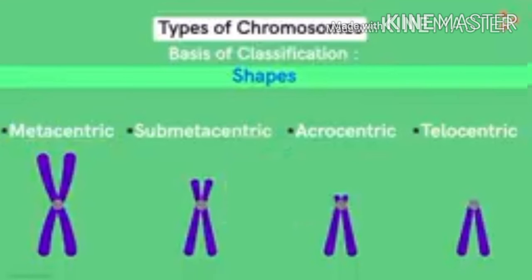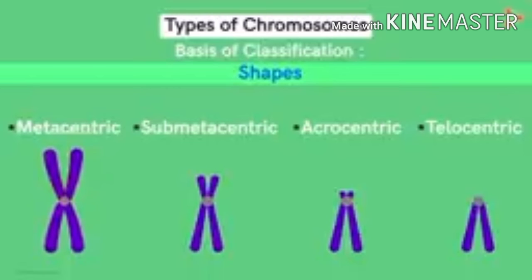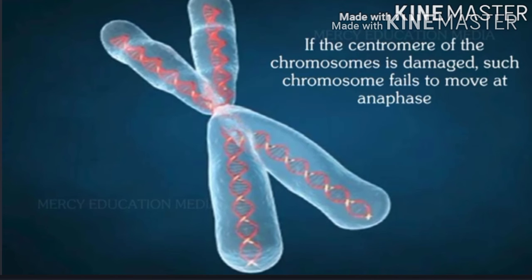The centromere is found near the center of the chromosome with two unequal arms. It looks like an L-shaped chromosome. The last one, metacentric. The centromere occurs in the center of the chromosome and forms two identical, equal arms. They are normally V-shaped chromosomes.